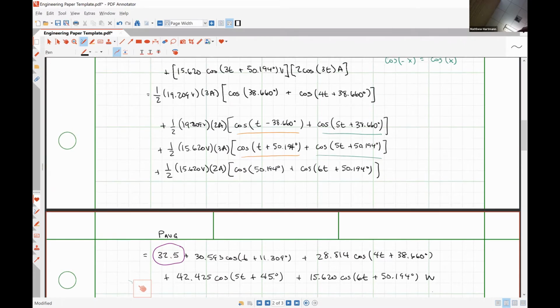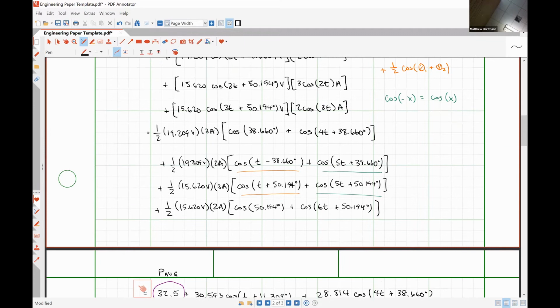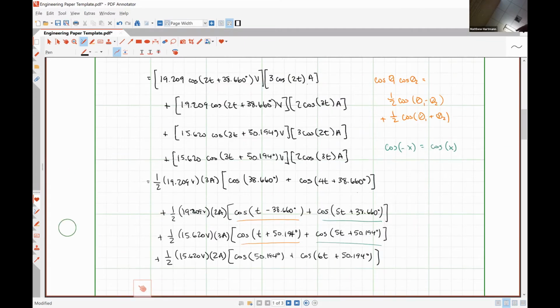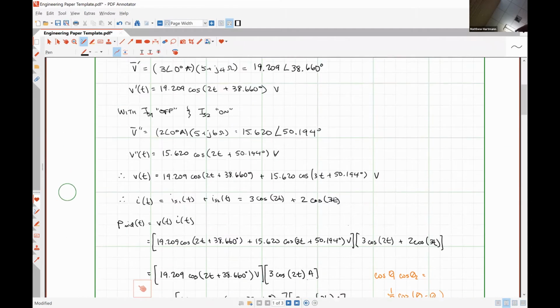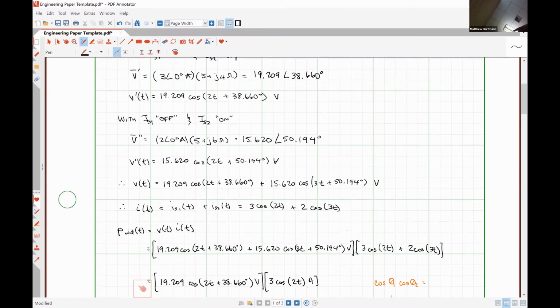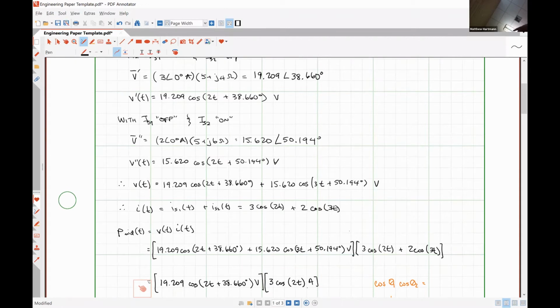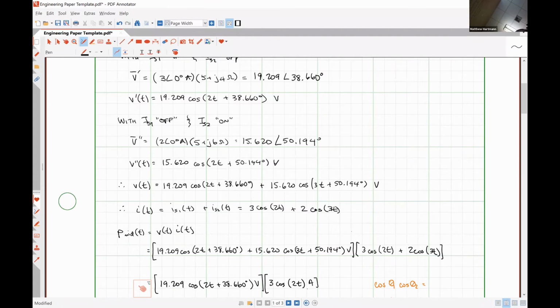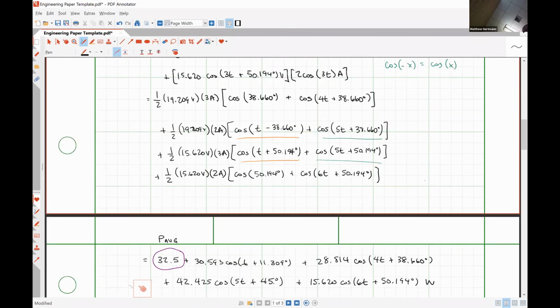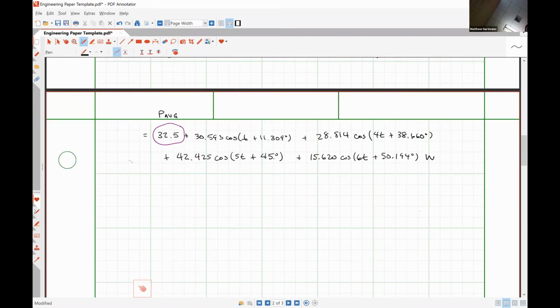And what I mean by that is, I think we might need a factor of 1/2 here. Yeah, we'll definitely need a factor of 1/2 because we're multiplying sinusoids.